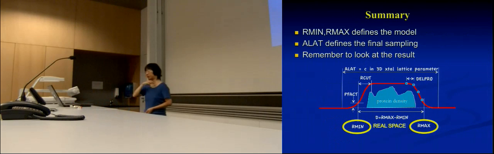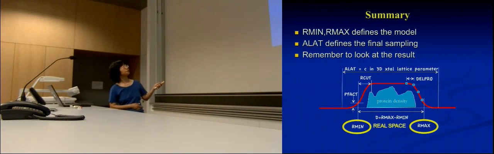Okay, so, summary. We have R min and R max, which you're going to have to define in 2dx. That gives you your envelope function that depends on your protein density. It must cover the protein density and be about the right size.